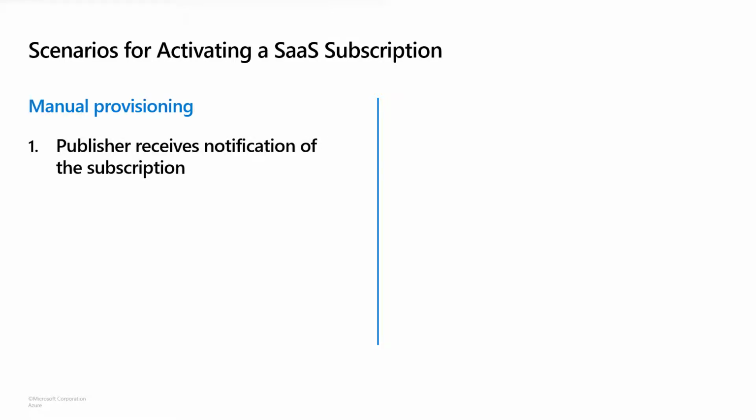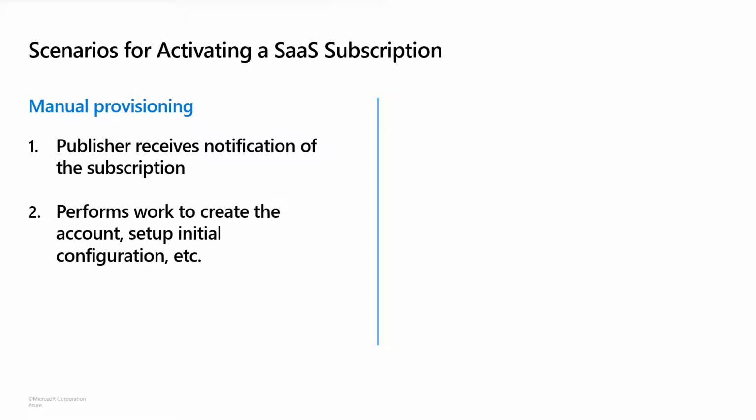There's the manual provisioning model, which is exactly what we just saw. The publisher said back to Maria that they're going to manually provision her account. And in this case, it's often true that the publisher receives notification of the subscription through email or a queue or by some other mechanism. Then the publisher actually performs the work of setting up the account, configuring the account, putting all of the pieces in place that it's going to take for the new customer to use their product.